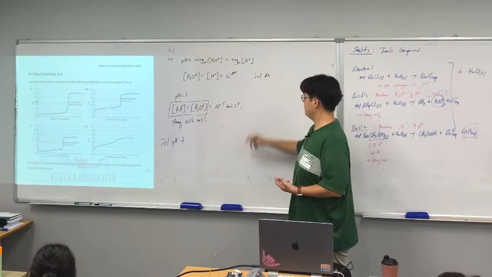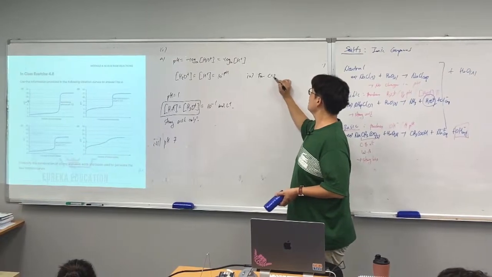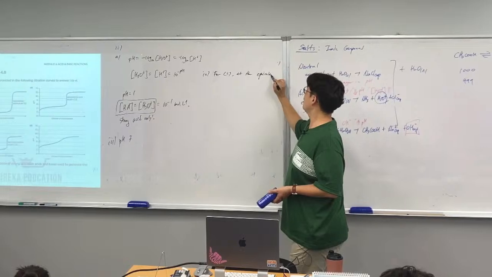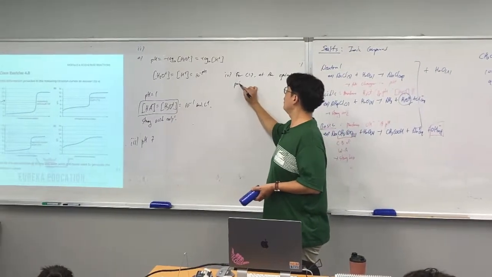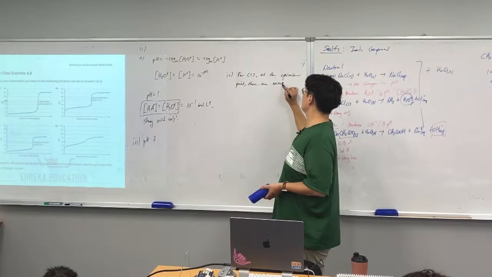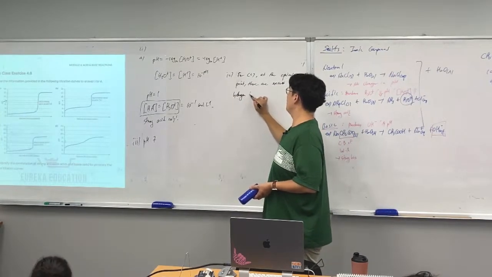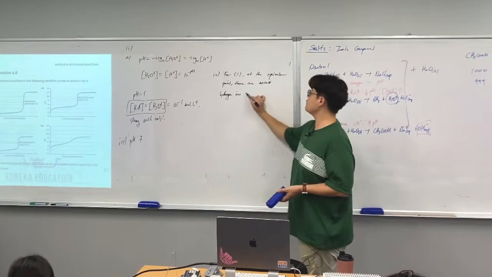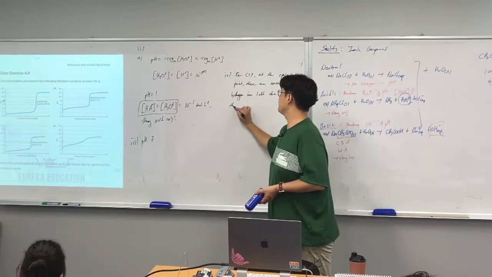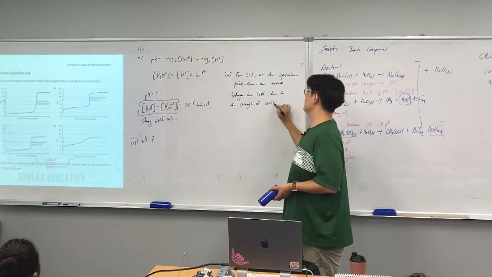At 4C, at the equivalence point, there are excess hydrogen ions left due to the strength of the acid.